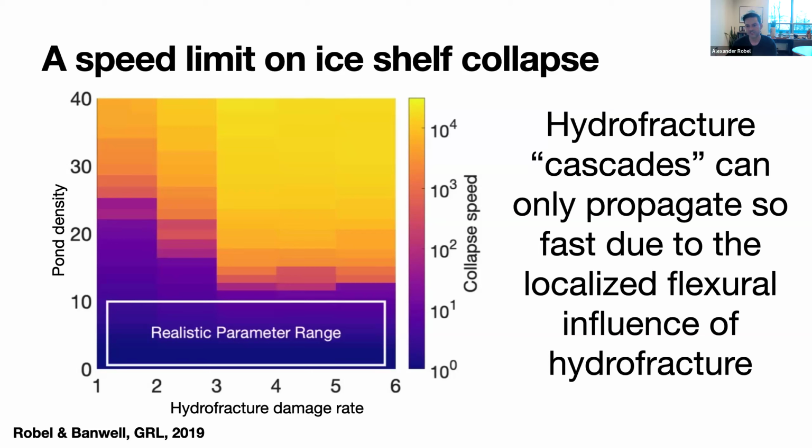What this tells us is that events like the Larsen B collapse in 2002 in the Antarctic Peninsula were probably scenarios not where the dynamics of fracture were causing very rapid disintegration of the ice shelf, but rather it was an abnormal year.